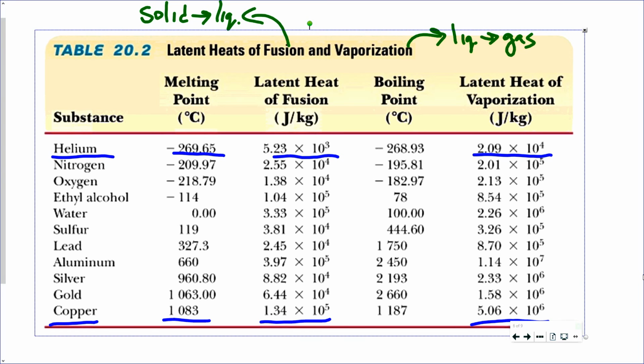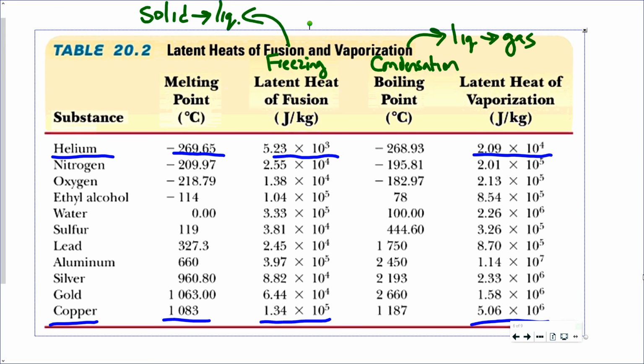We can have a latent heat of freezing, which is the opposite of fusion, and we can have a latent heat of condensation, which is the opposite of vaporization.